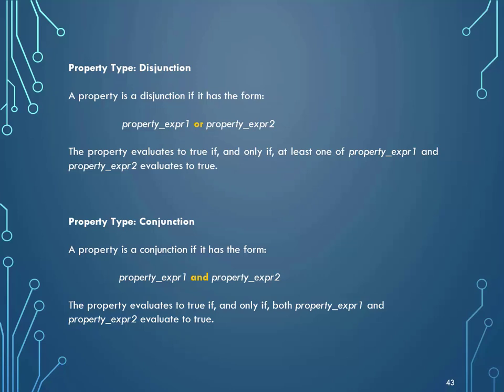Our colleague Israel mentioned it before in the examples, but I just want to point out one key element: all the time either property 1 expression or property 2 expression must be true. If neither is true, we are going to have an error. Very important to know. And conjunction is the opposite, right? We can have this one and this one all the time. This is what we want and must be true.